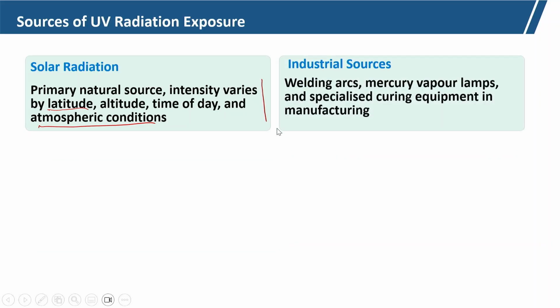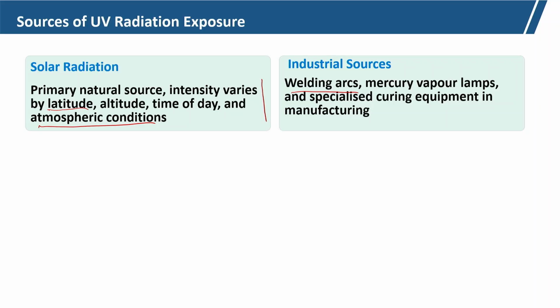The next source is industrial sources. There are different industrial activities like welding arc. When the arc is generated during welding, it is a huge source of UV rays.